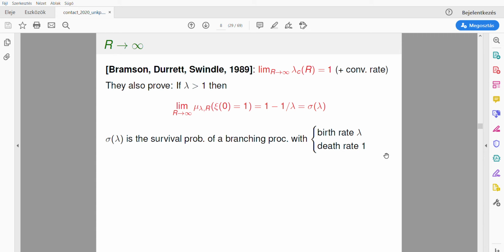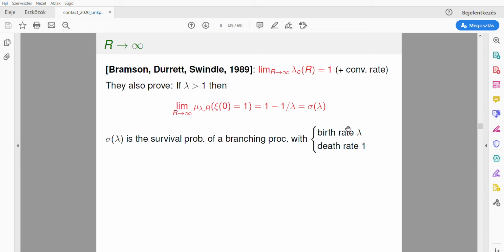One has rate 1, and if that clock rings, then I die. From the point of view of infection, at rate 1 the infection dies, so this infected individual disappears. But I also have another clock, the infection clock, which has rate lambda, and if that rings, then I produce an offspring, namely I produce, with rate lambda, another infected person. So this is the branching process.